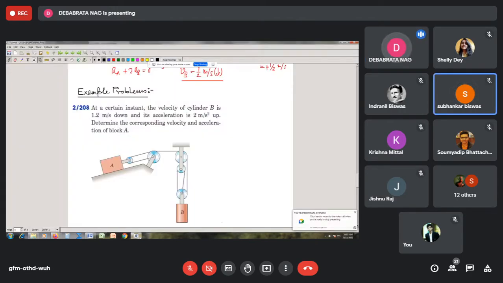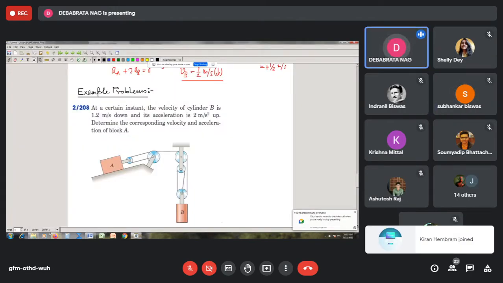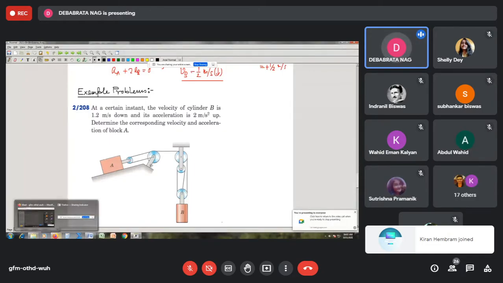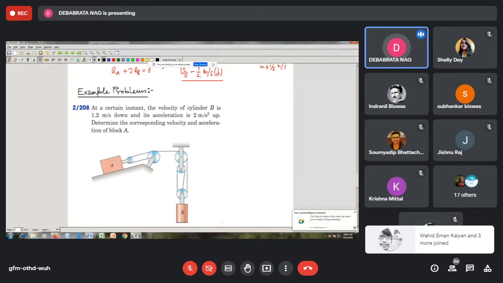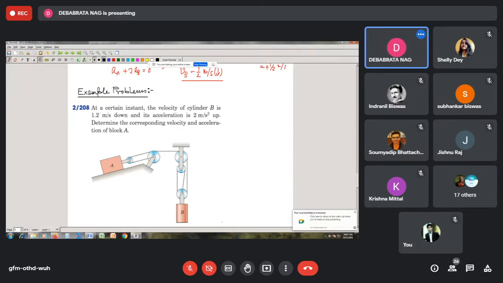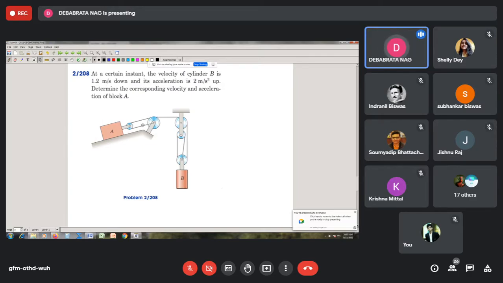So we see that here, this is the consideration. Suppose this is the problem, again from Meriam and Kraige. The problem is 2/208. Here we are given these two masses. For example, at a certain instant, this is the system. It's a system of complex pulleys.